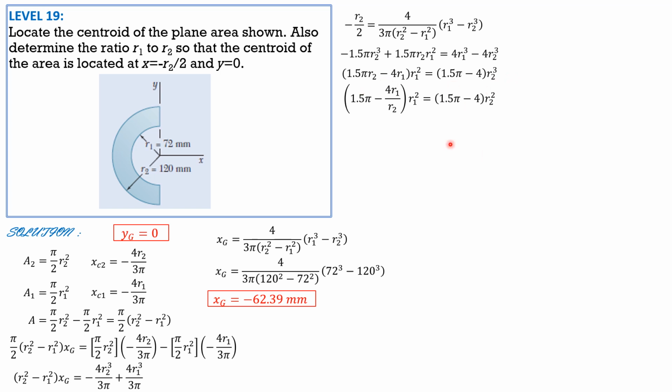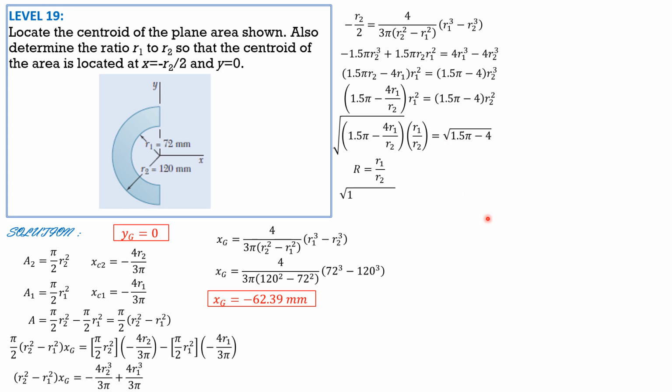So let the ratio R1 over R2 be capital R. So extracting the square root, square root of 1.5 pi minus 4 R1 over R2, then R1 over R2, because this is R1 square over R2 square, then we extracted the square root, so R1 over R2. What is left on the right side is square root of 1.5 pi minus 4. So if we let R1 over R2 be big R, that's the required ratio.